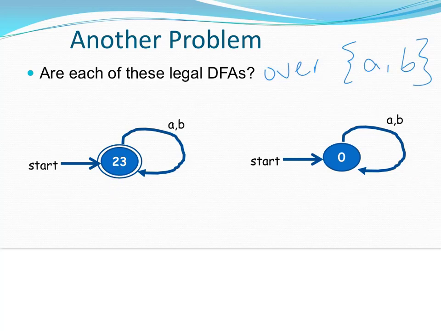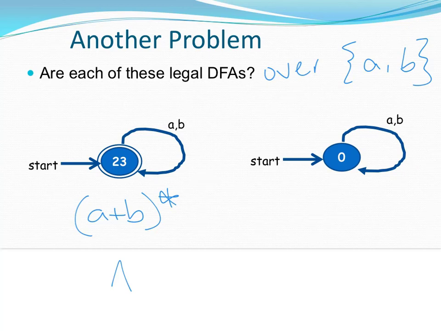It's unusual, but nothing wrong with it. And it looks like this first DFA recognizes all strings. It accepts all strings over the alphabet AB, anything that has any A's and B's in it, 0 or more. Because look, it even accepts lambda, because as soon as we start, even if we don't see any symbols, we're in an accept state. So this accepts lambda.